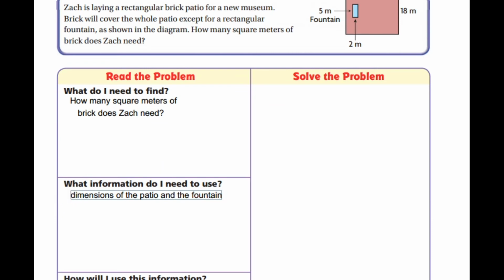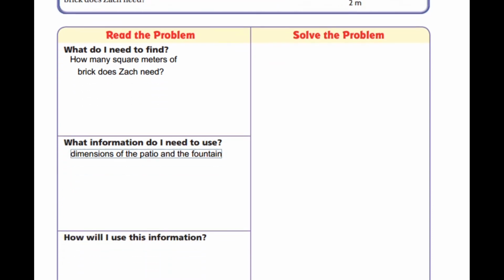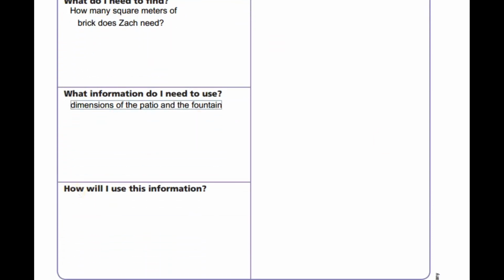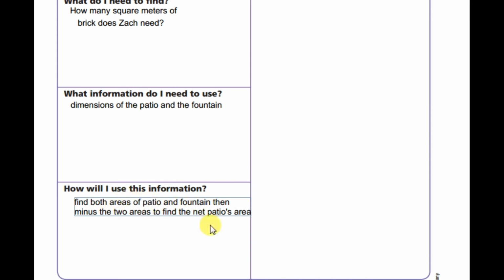So how will I use the information? Find both areas of the fountain and the patio, then subtract the two areas to find the net patio area.